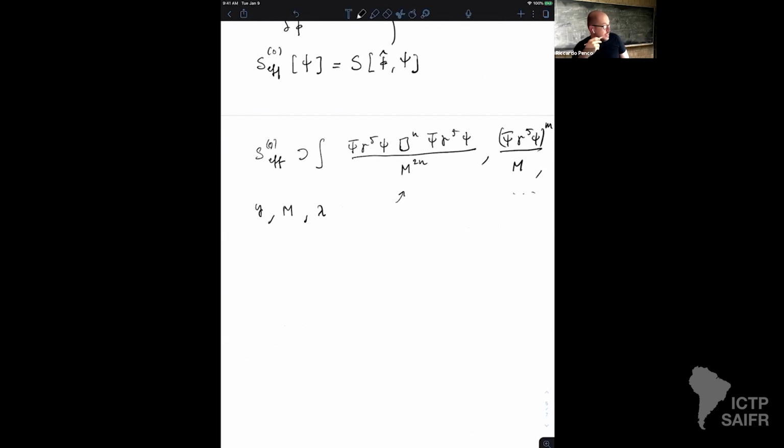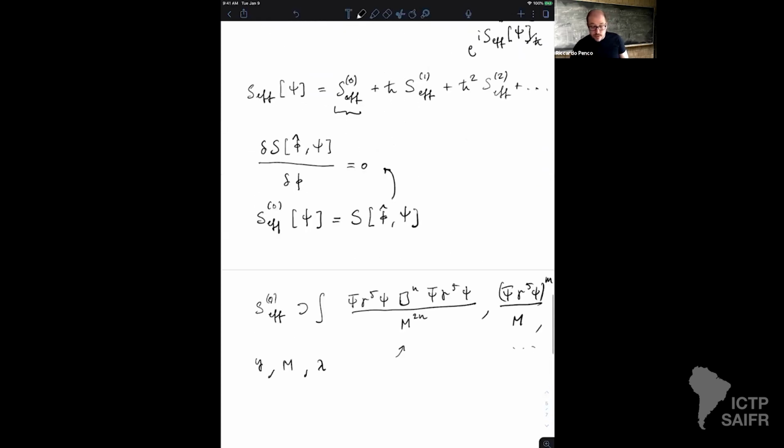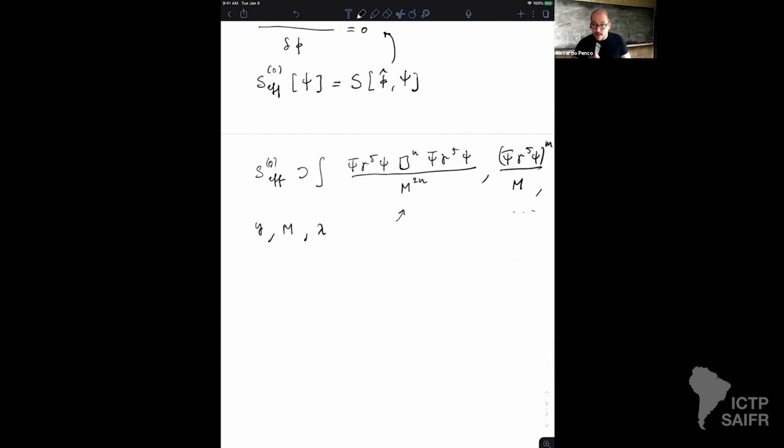There are situations like in QCD where you may know the theory, it's QCD, but at low energies it is strongly coupled. In that case, you might have to calculate the Wilson coefficients numerically rather than perturbatively in an analytic way.